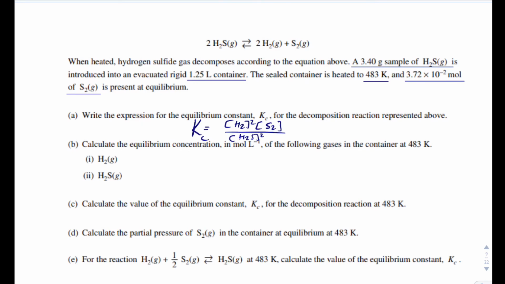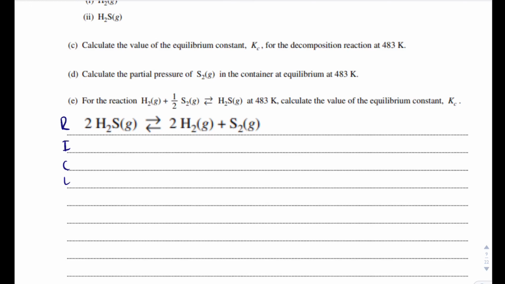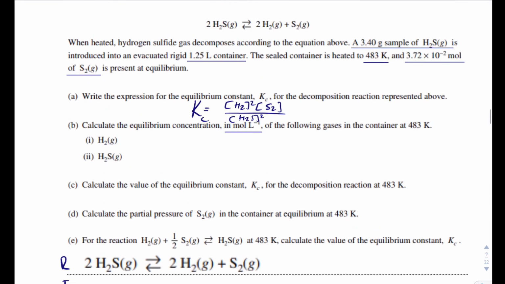And they want us to calculate the equilibrium concentration in molarity of the following gases in the container. This sounds a lot like a rice table, so I'm going to write my reaction down here and see what I can figure out. You only plug into a rice table molarities or pressure. Because we're using Kc, we're going to need to do molarities.